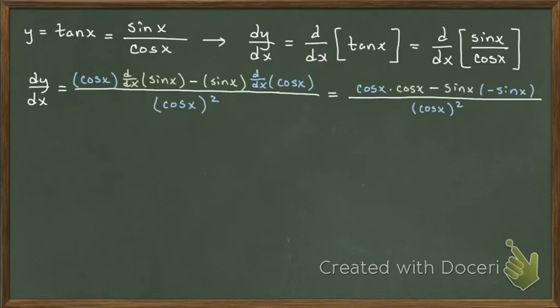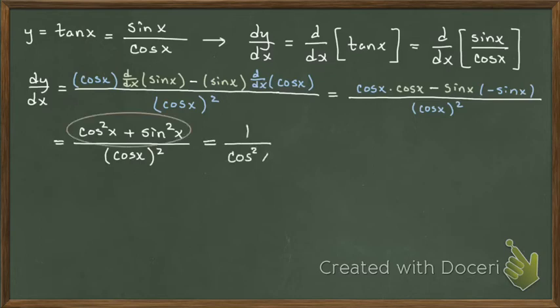Just a little simplifying to do. Cosine times cosine is cosine squared, minus a negative sine times sine is sine squared. All over cosine x squared. And if you remember, cosine squared x plus sine squared x is always equal to 1 from my Pythagorean identity. That's my Pythagorean theorem.